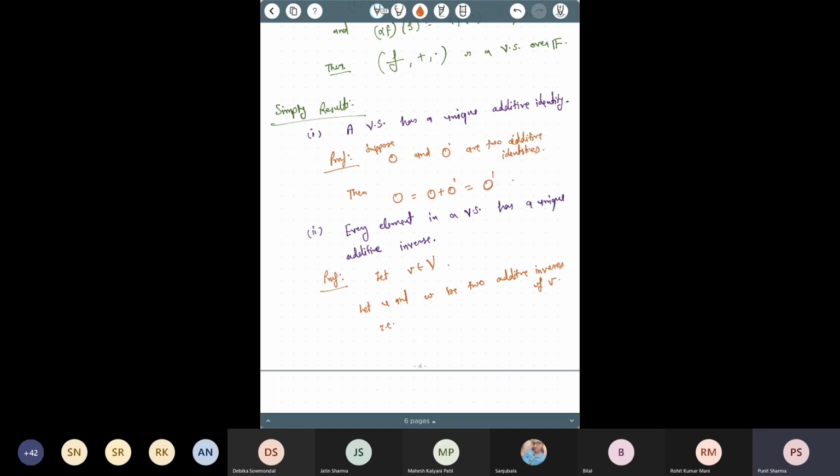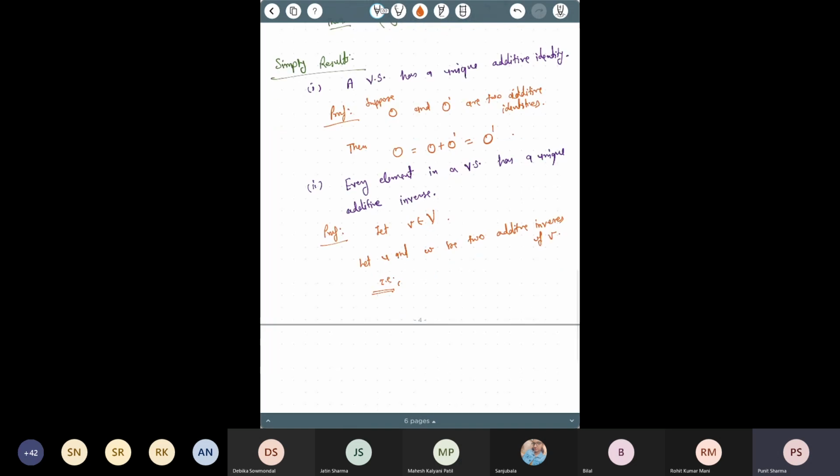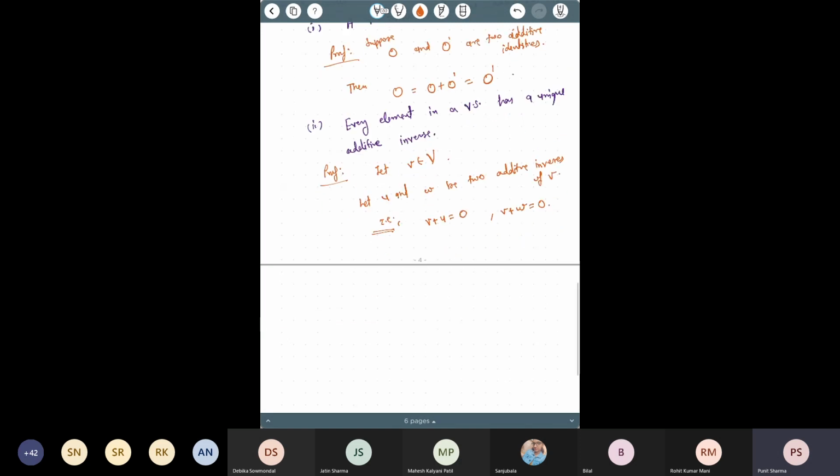This means V plus U equals 0, where 0 is the additive identity, and similarly V plus W equals 0, because U and W both are additive inverses.